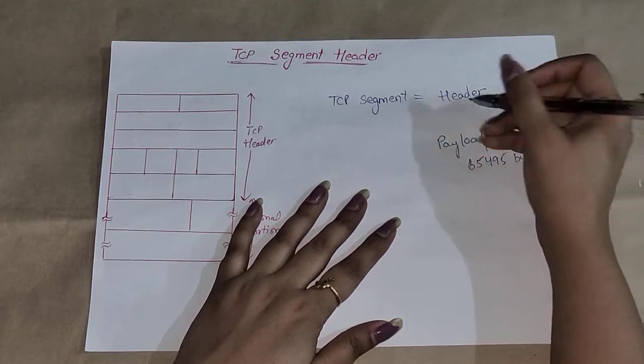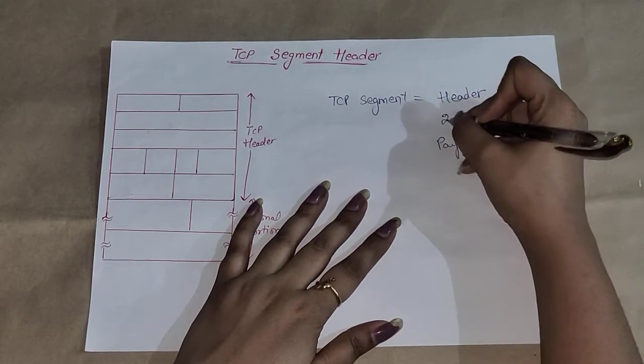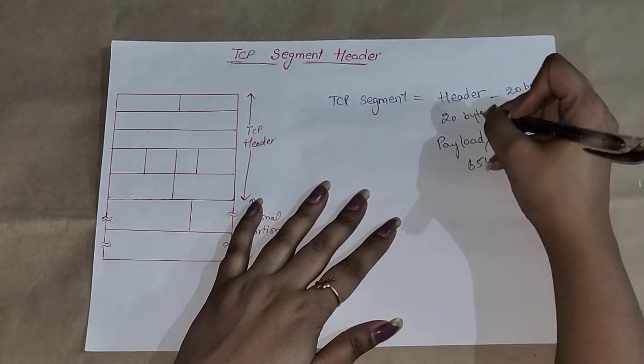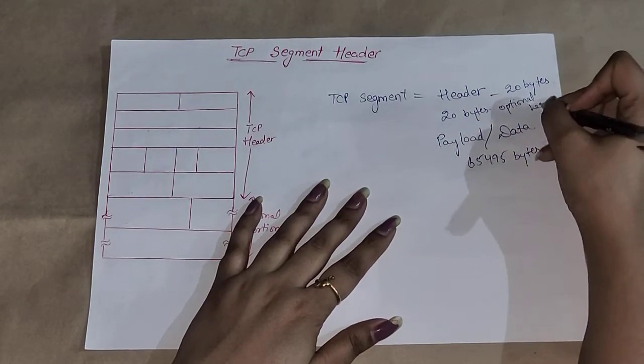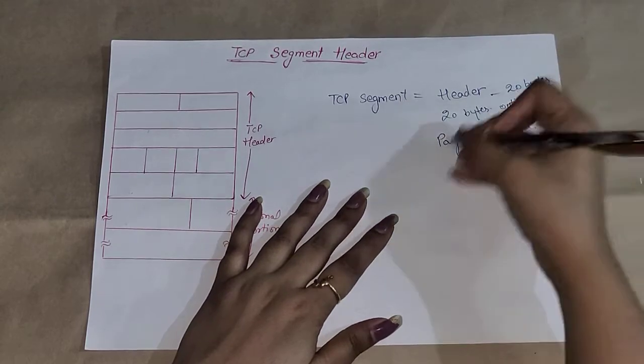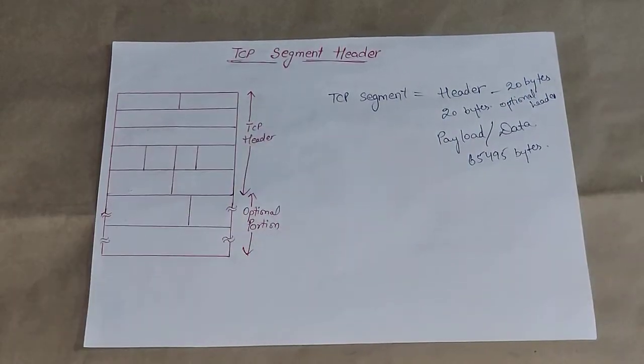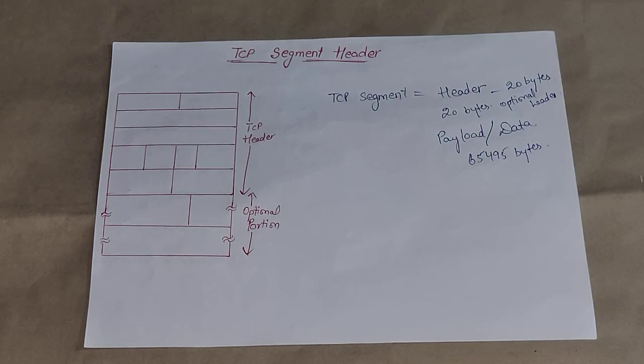The header is also followed by a 20 bytes optional header. So 20 plus 20 plus 65495. Okay, this is the size of TCP segment or TCP packet.